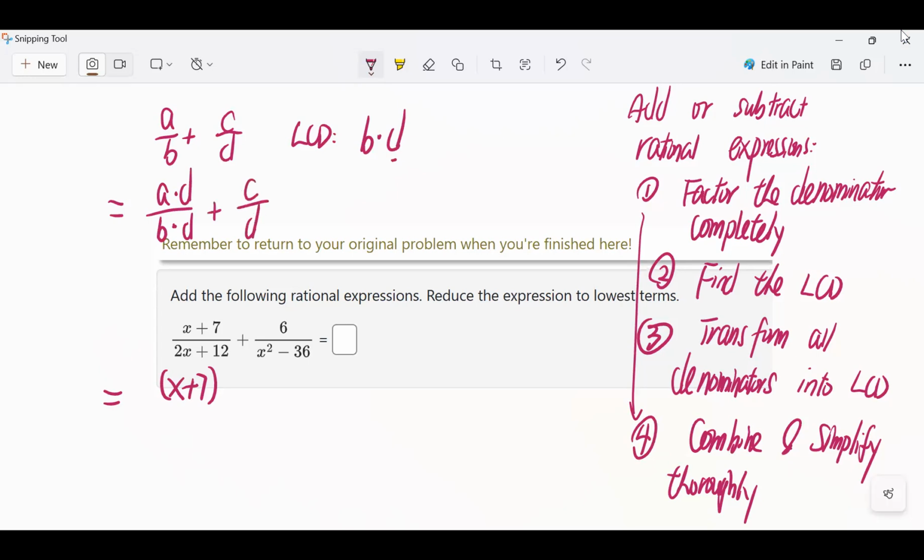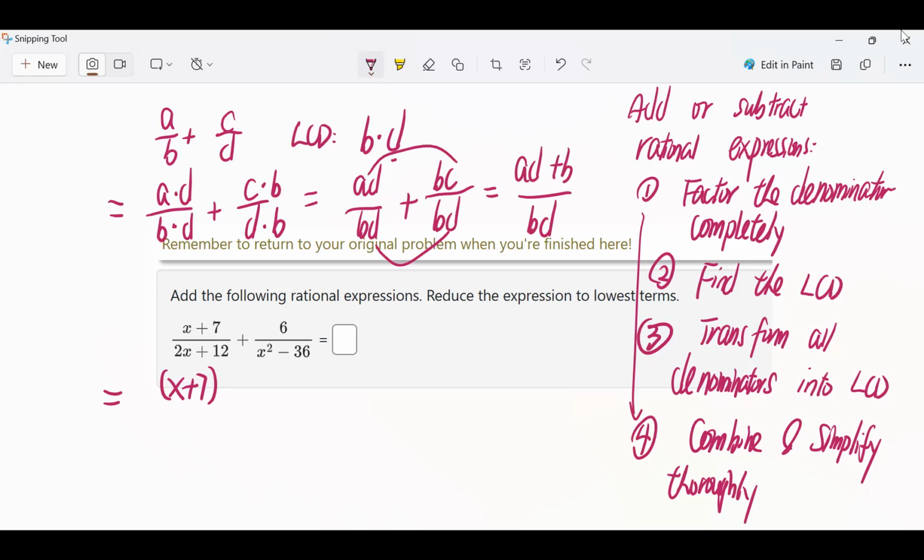The second fraction is missing a B, so you multiply both top and bottom by B. And you get AB over BD, adding BC over BD. Now they are like fractions. So the key thing is turning them into like fractions. Keep the like denominator and add the numerators. That's how you do it with regular fractions, and it's very similar with rational expressions.